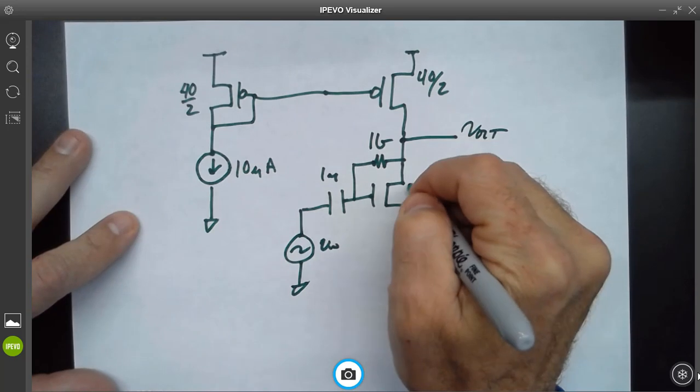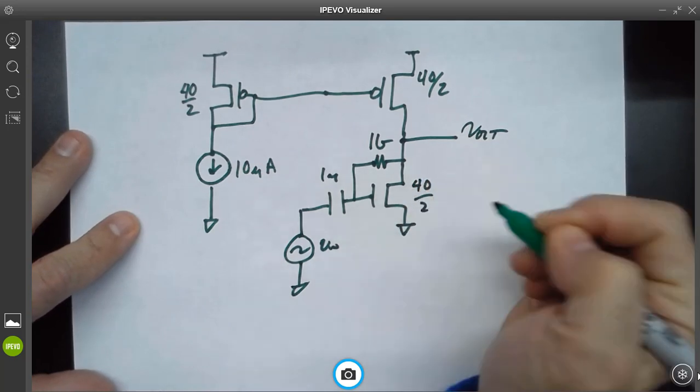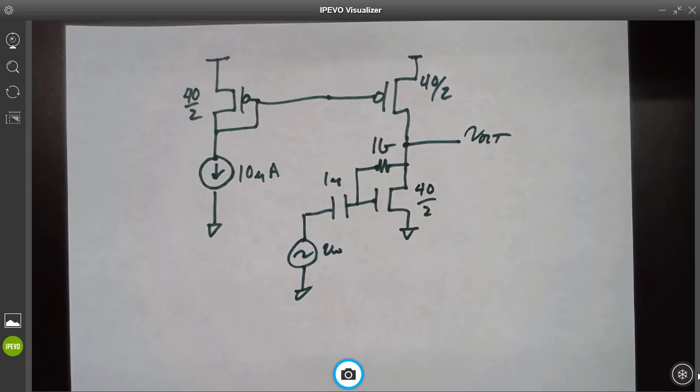And I'm going to make this also 40 by 2. Have everything 40 by 2. And I want you to find V out over V in.